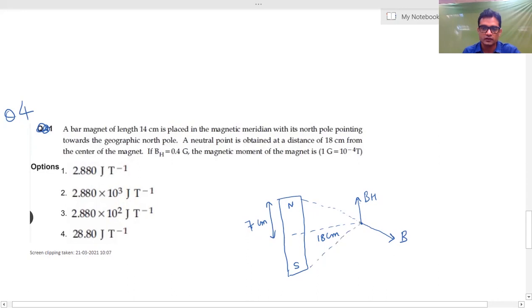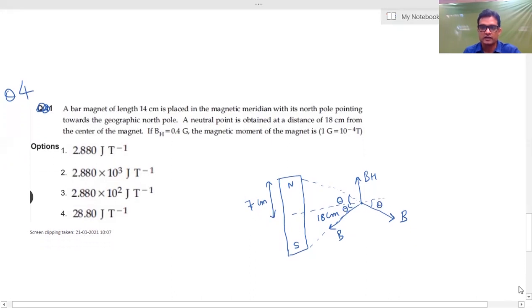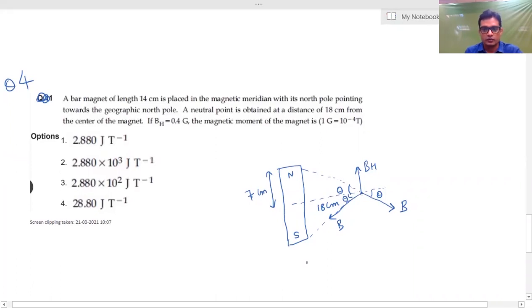So this will be towards this side, and it is B. Now we can take this angle as theta. This is theta. If I extend this, this will also come out to be angle theta. It is given that it is a null point. So here we can say that B sine theta. I'm taking the component of this B along the vertical direction. So this component will be B sine theta.